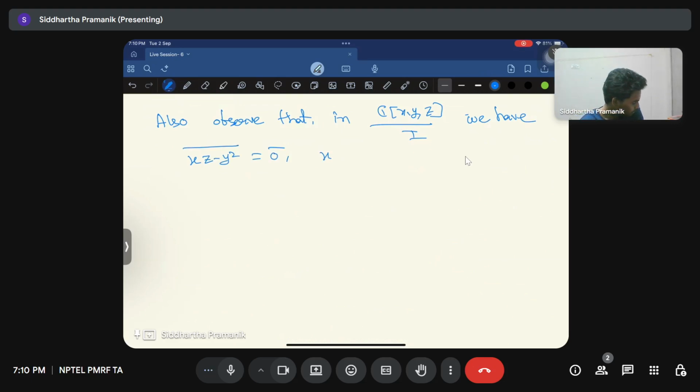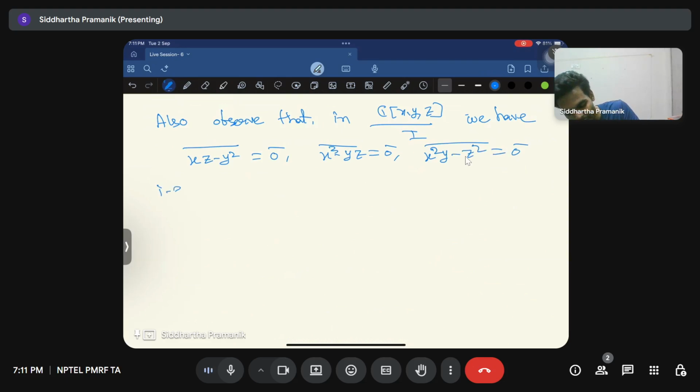Then x^3 minus yz, this is also 0 bar. And x^2 y minus z^2, this is also 0 bar. So that implies the element xz is the same as y^2, the element x^3 is the same as yz bar, and x^2 y is the same as z^2 bar.